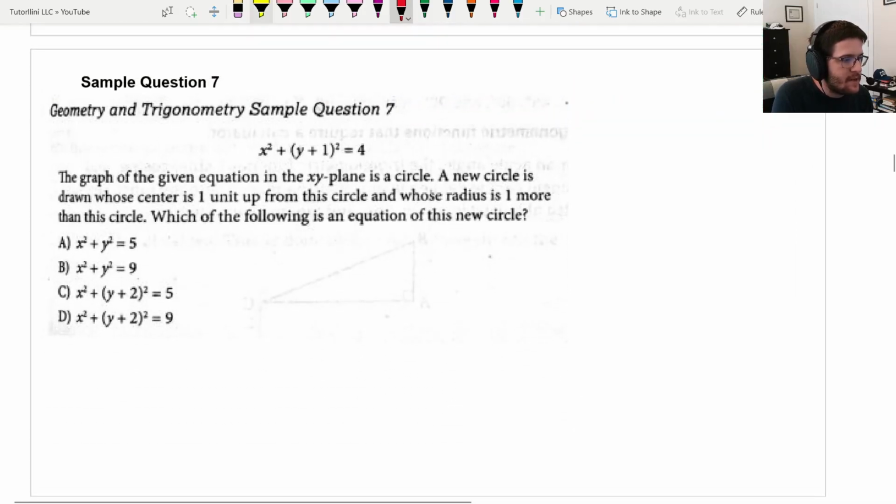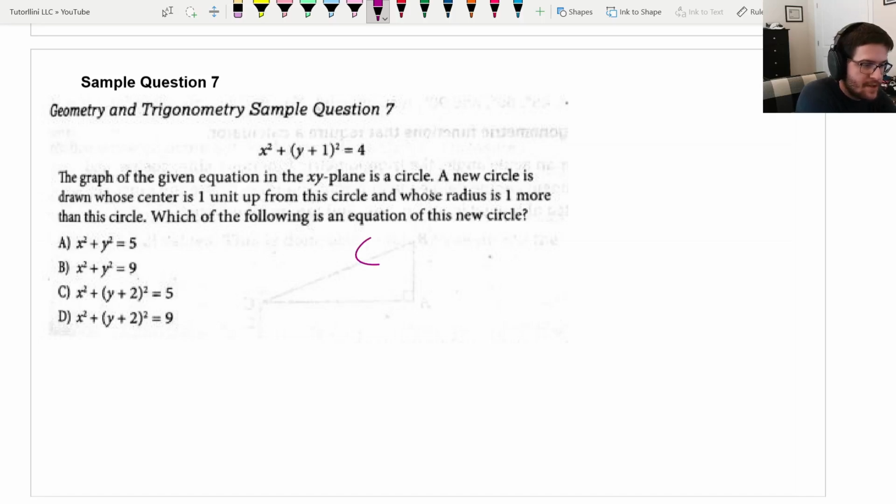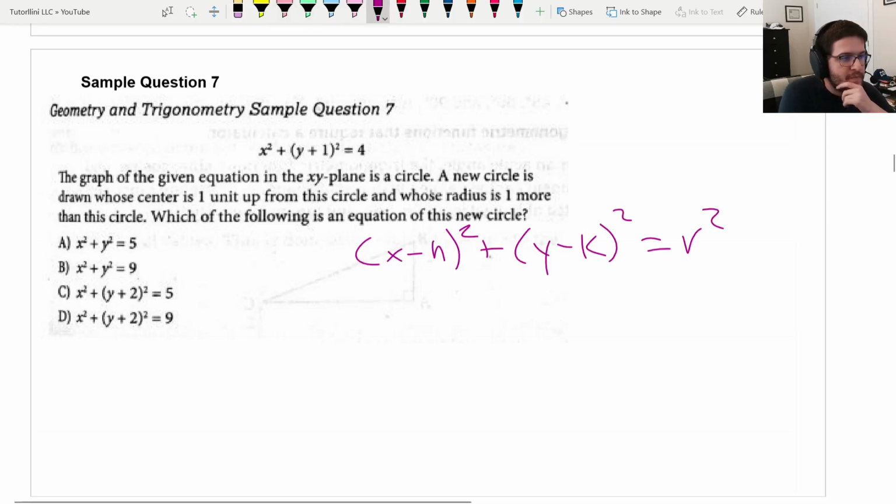All right. Okay, actually, I went over this a little bit. This is actually kind of like function translations using special points. Anyway, so the equation of a circle is x minus h squared plus y minus k squared equals r squared, where h comma k is the center and r is the radius. So looking at this one, you see there's no number with the x.